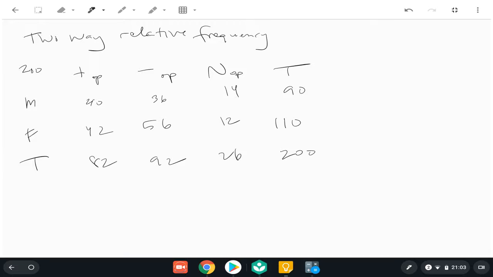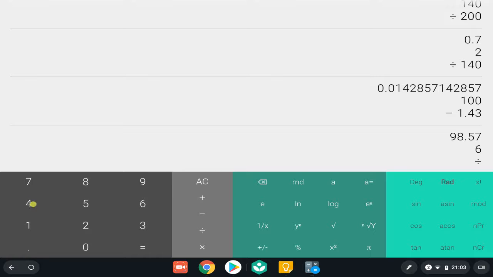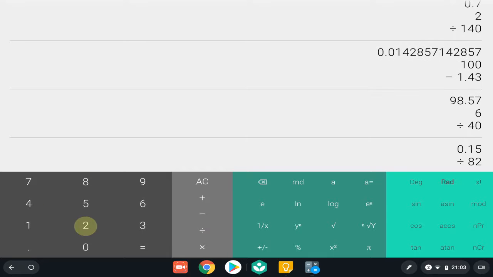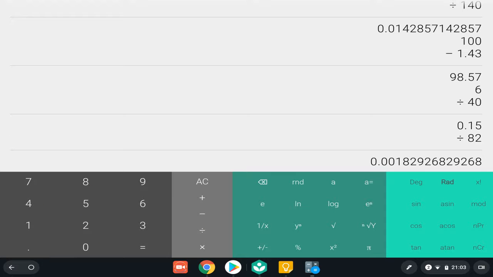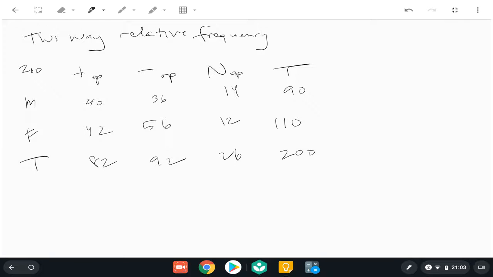Okay, so if we're converting this to regular frequencies, this is simply 40. So to do the column frequencies, oh no, these are all column frequencies, huh? So 40 divided by 82 is 1.8%. How many decimal points does it need in our questions?